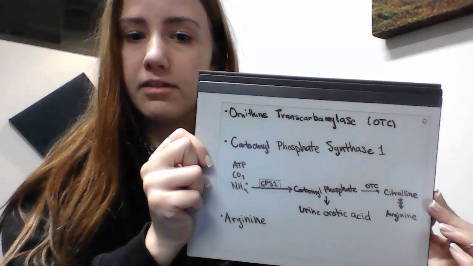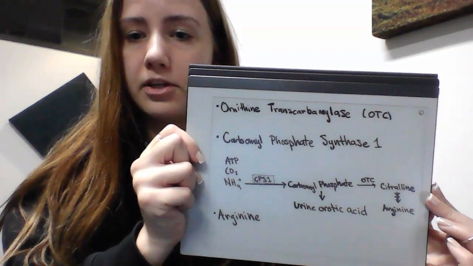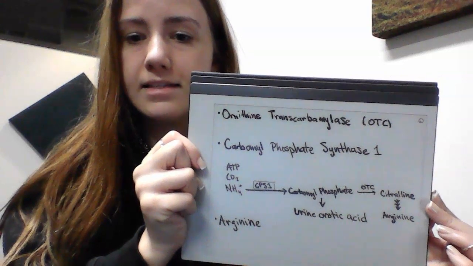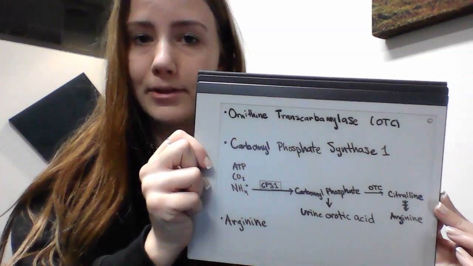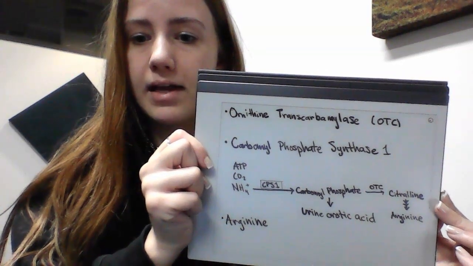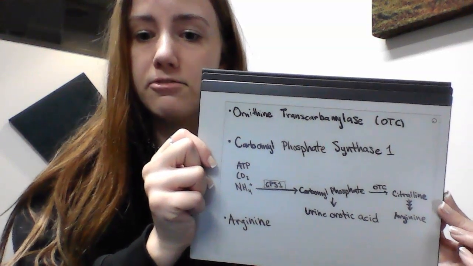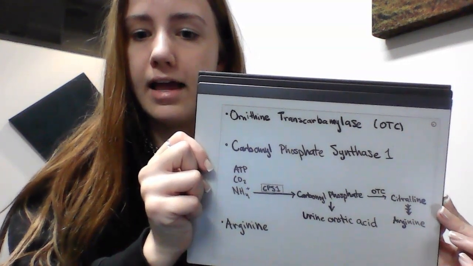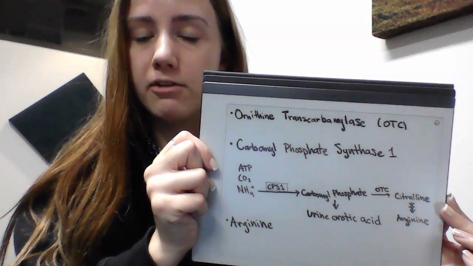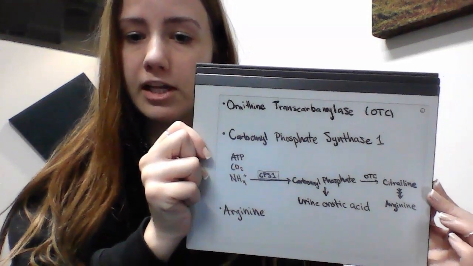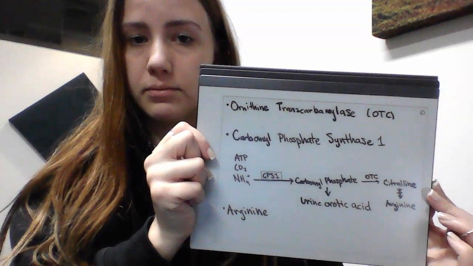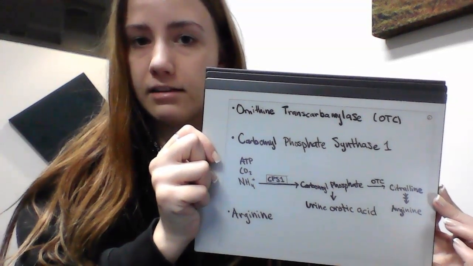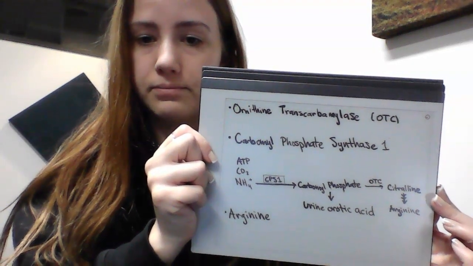I believe that the most likely enzyme in the urea cycle to be affected is the ornithine transcarbamylase enzyme. This is because if this enzyme is deficient, then we have an accumulation of carbamyl phosphate, which would lead to an accumulation in orotic acid being produced, and the patient had high levels of orotic acid in her urine.